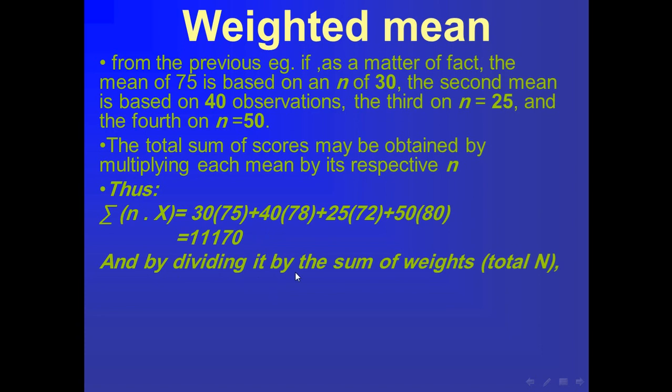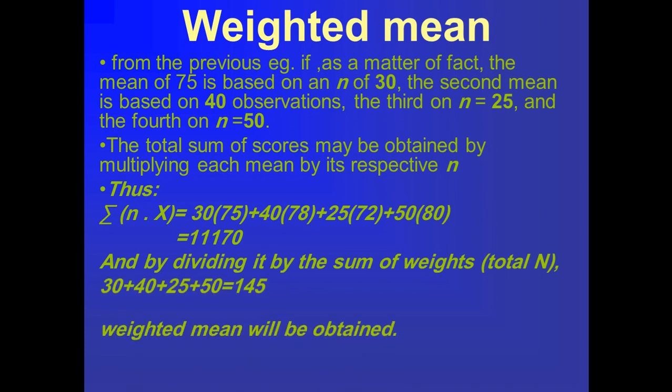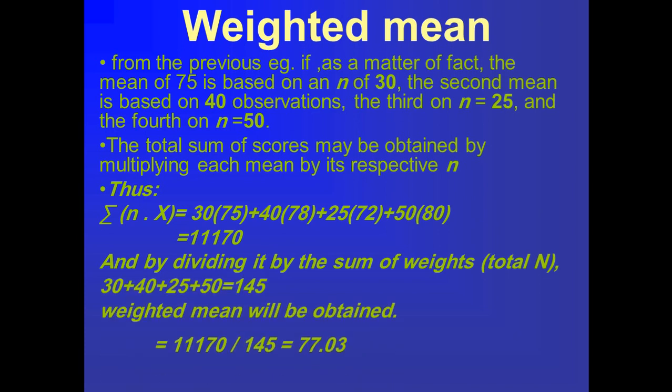So we have to divide the sum of weights by the total n. What is the total n? The total students in the four classes, and this was the result: 30 in class 1, 40 in class 2, 25 in class 3, and 50 in class 4. So the total n is equal to 145.